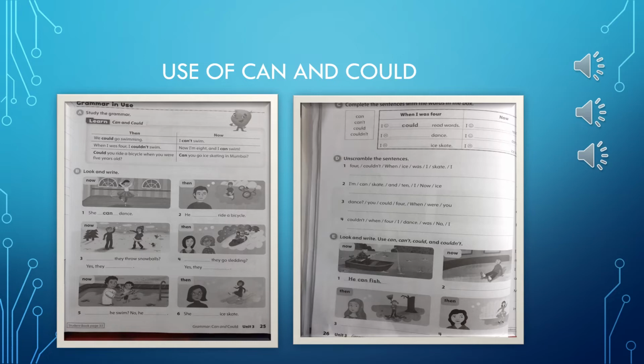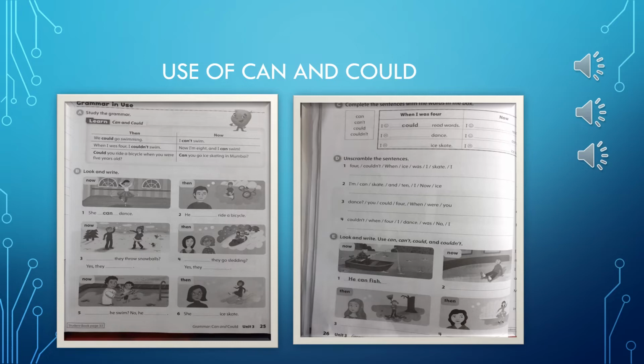When the face is smiley, that means yes, something positive. When the face is sad, that shows something you were not able to do.